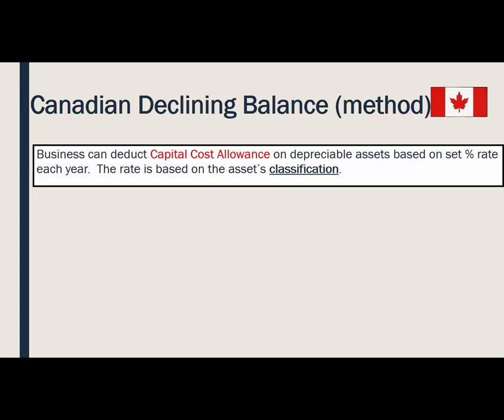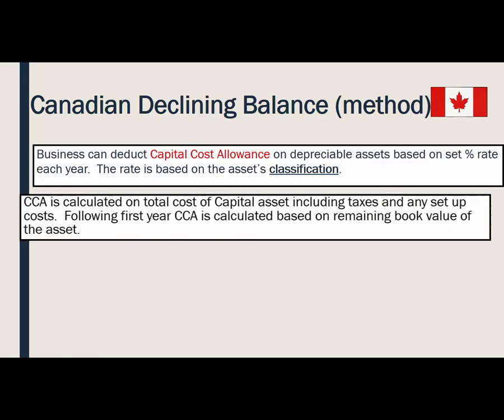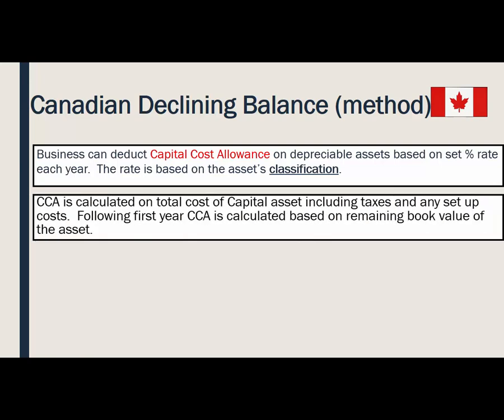The rate is based on the asset's classification, as I mentioned. So capital cost allowance is calculated on the total cost of the capital asset, including the taxes and any setup costs. Following the first year, capital cost allowance is calculated based on the remaining book value of the asset. So that's what I meant by the UCC.